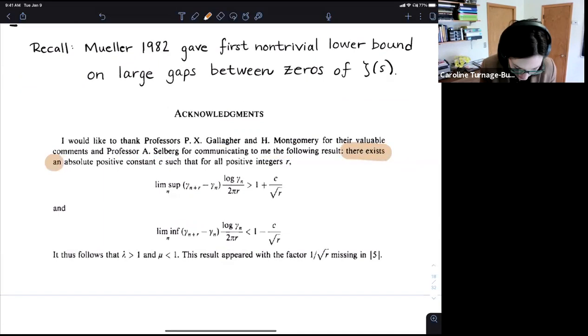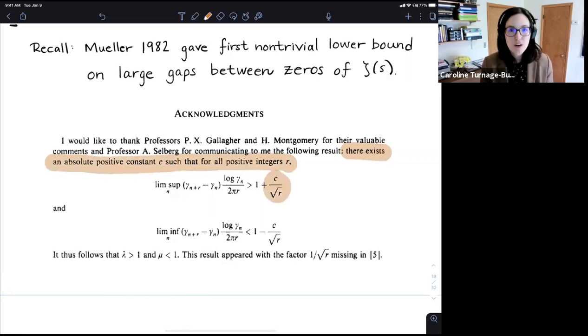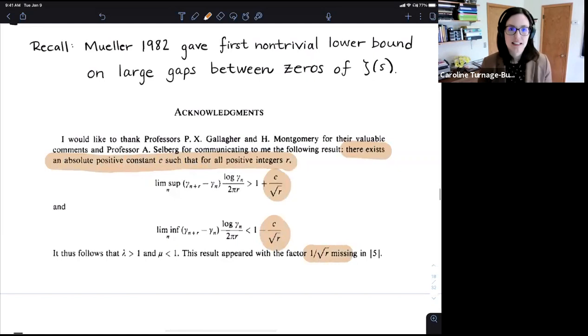There exists an absolute positive constant C such that for all positive integers r, the lim sup is not 1 plus C, but 1 plus C over the square root of r. So it actually depends on r. And the lim inf is not 1 minus the absolute constant, but 1 minus the absolute constant over the square root of r. And he notes that he was just missing this factor in the previous paper.